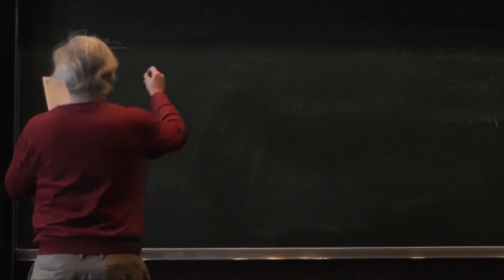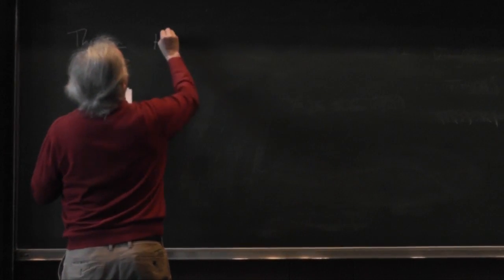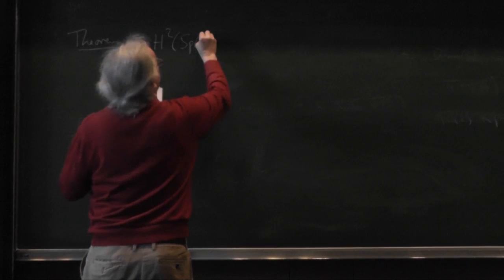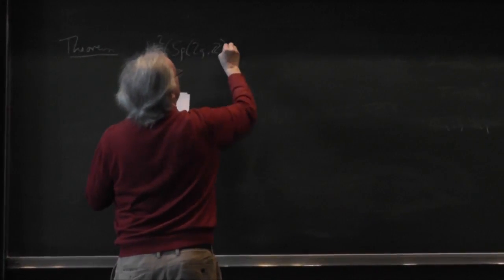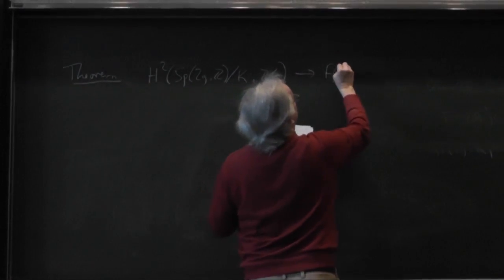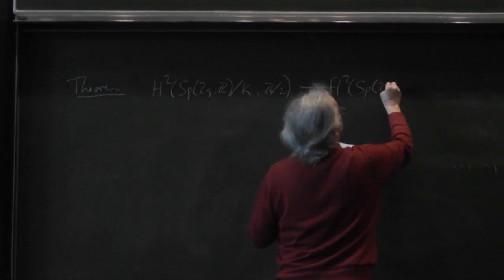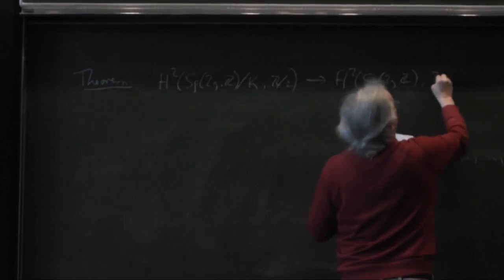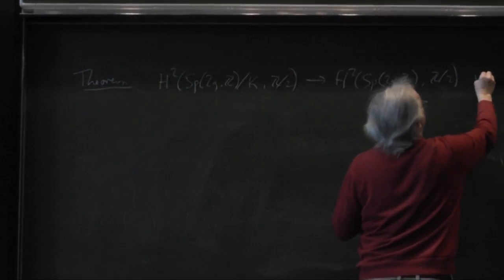This chalk is going into ever smaller pieces, but H2 of Sp2g Z mod k with Z mod 2 coefficients to H2 of Sp2g Z mod 2, which we know is injective.